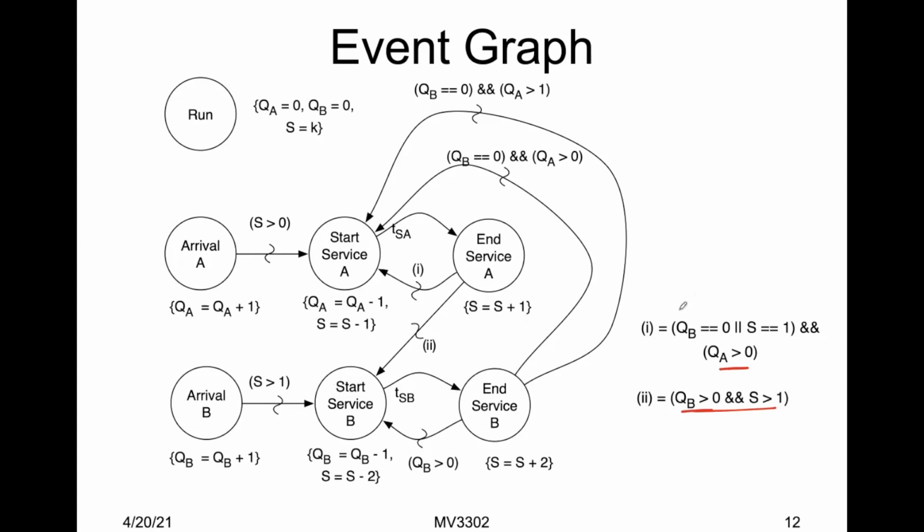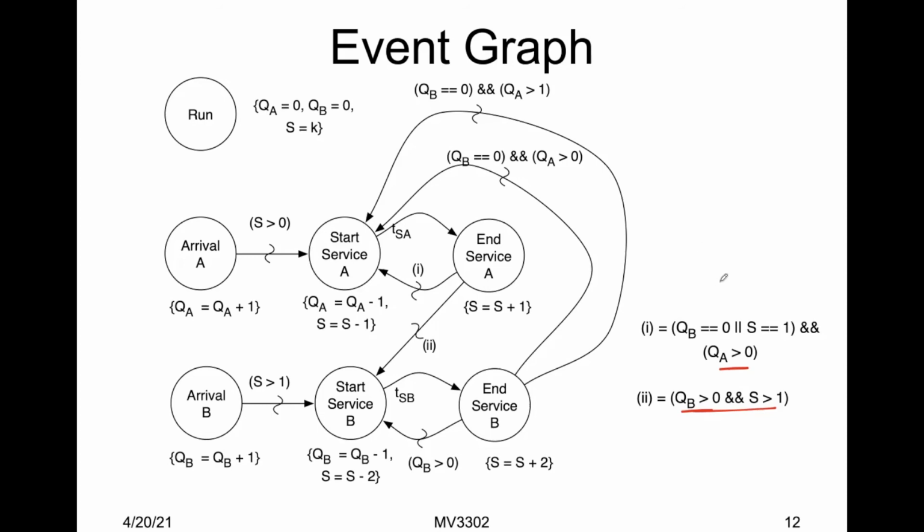And not that is essentially QB is 0 or S is only equal to 1. And we could either do that from a purely Boolean thing. Remember, when we not a compound Boolean, it inverts the two expressions and turns the and into an or, or we can just do it from first principles.